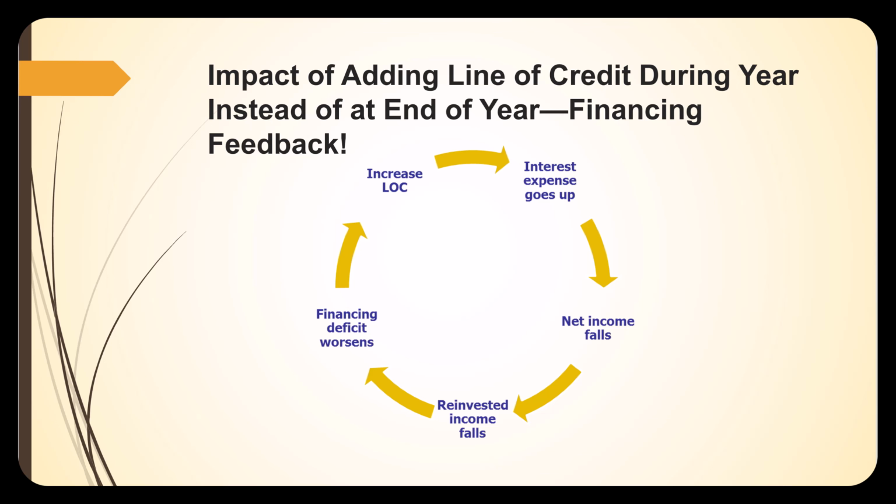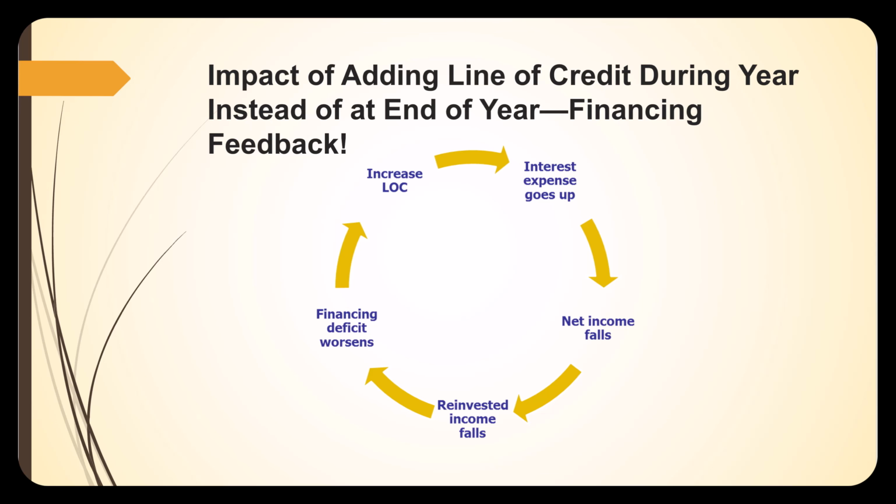So when we make this decision, it creates a bit of an issue, if you will, with doing this in Excel. Because in this case, we added a line of credit that has an interest attached to it.